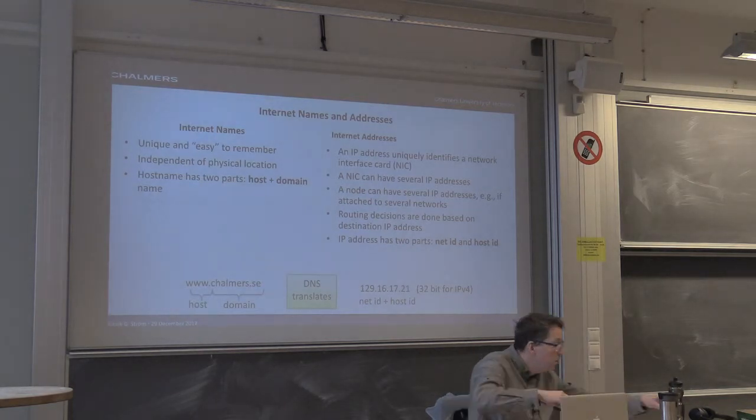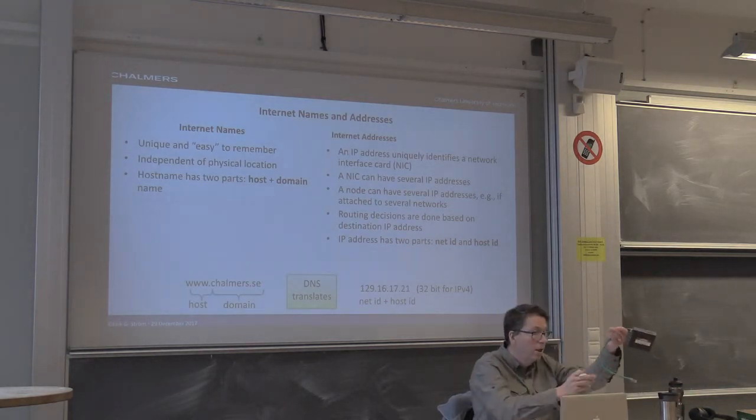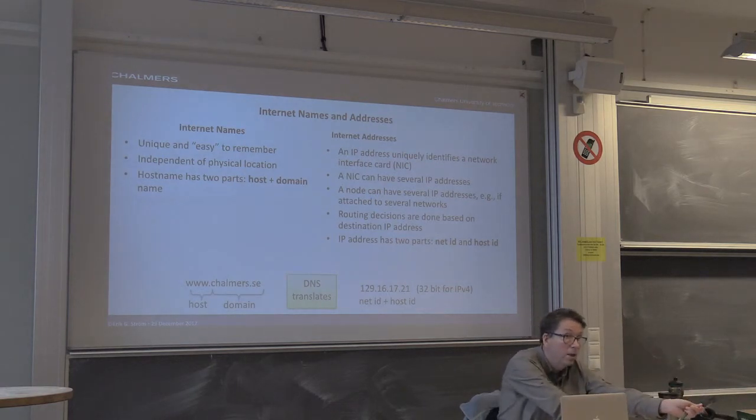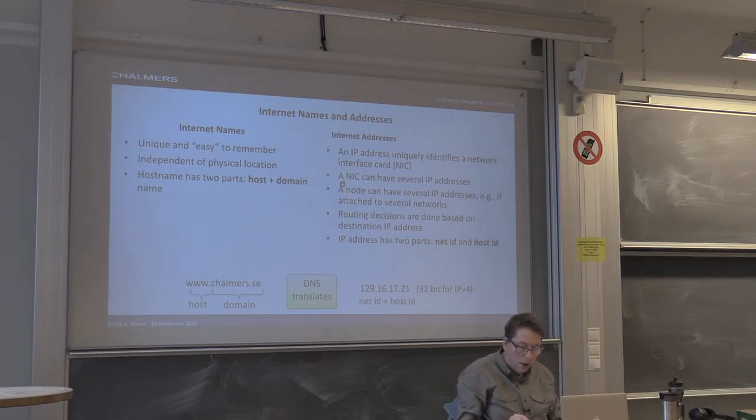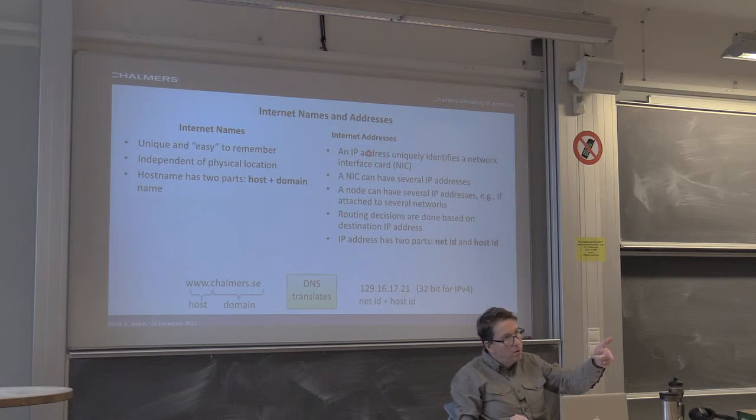So if I plug this into the wall using this and the proper Apple adapter like this, then this one gets an IP address, and then the Wi-Fi gets another IP address. Sometimes you can configure Wi-Fi to have several IP addresses, but it will never be the same IP address as for this one. So an IP address points to a network interface, but a network interface can have several IP addresses.